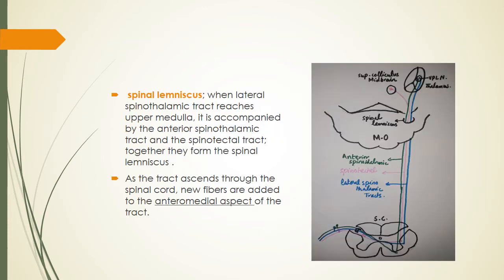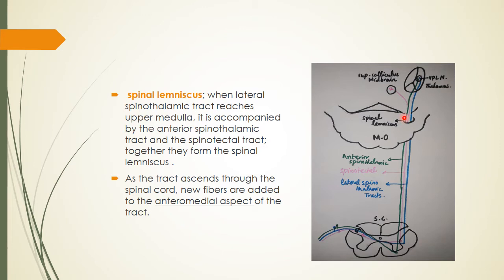The next important point you can be asked in the viva is what is the spinal lemniscus. As I have just told you, when the lateral spinothalamic tract reaches the upper medulla, it is accompanied by two other tracts. One is the anterior spinothalamic tract, we will discuss it soon, and then the spinotectal tract. These three tracts are united together and they form a single spinal lemniscus.